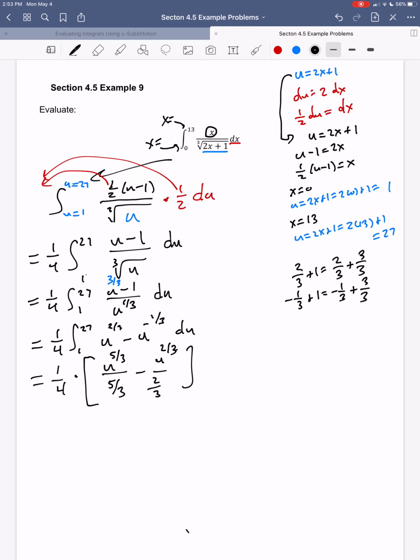And then this is being evaluated between 1 and 27. Dividing by 5/3 is the same thing as multiplying by 3/5. Dividing by 2/3 is the same thing as multiplying by 3/2.